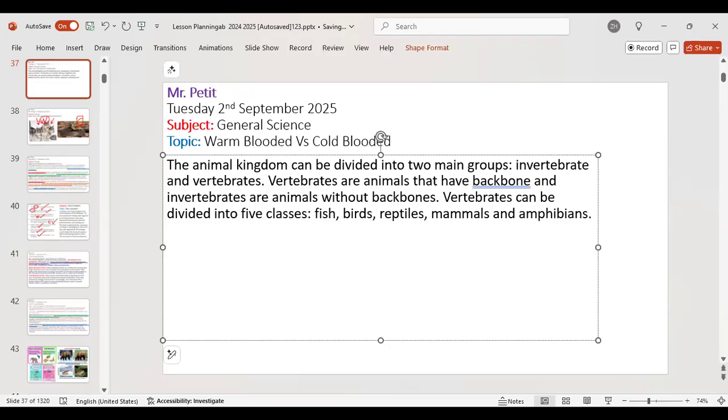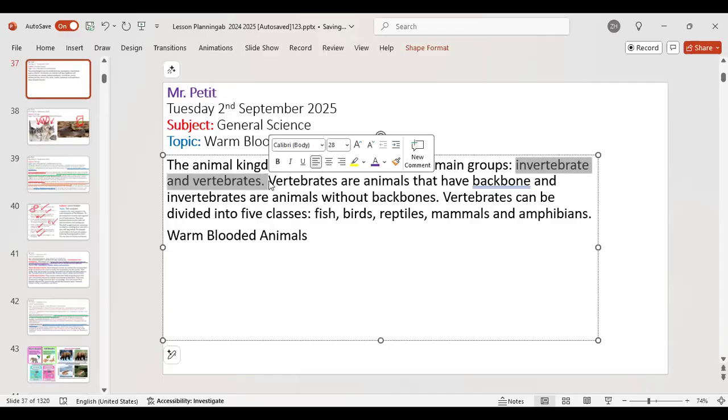Okay. Before we talk about warm-blooded animals, let's start to highlight certain stuff. What we want to highlight is invertebrates and vertebrates. If you have a highlighter, highlight that.